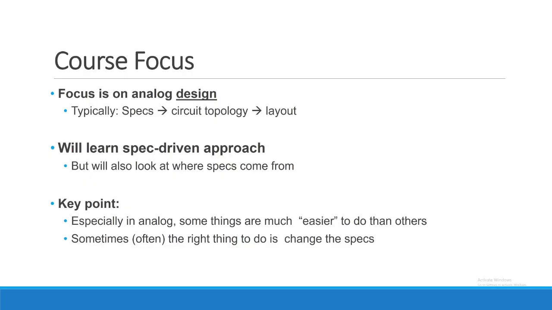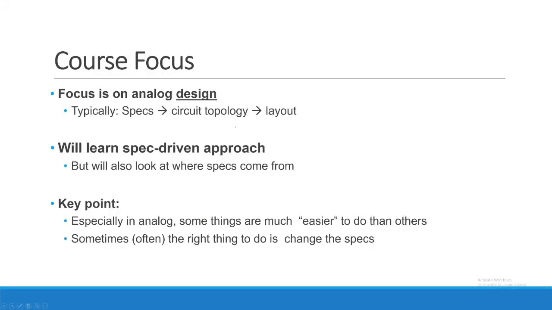First things first, obviously, what is this class all about? Well, as I'm sure you know, this class is all about analog, but more importantly, this class is really about analog design. That's a little bit different than what you may have done in some of your previous courses, where a lot of the focus was on analysis and understanding how things operate. That's still going to be critical for everything we do here, but really the point of this class is to do design.